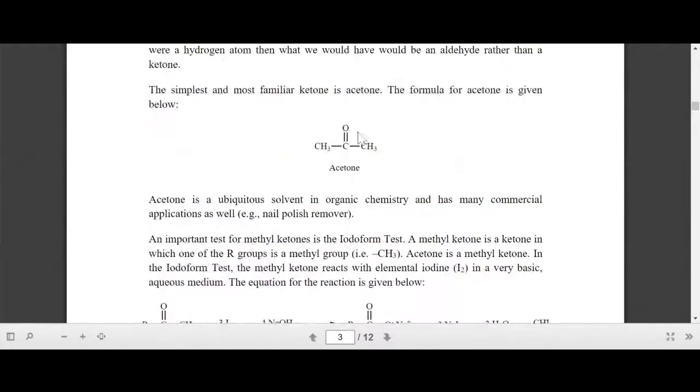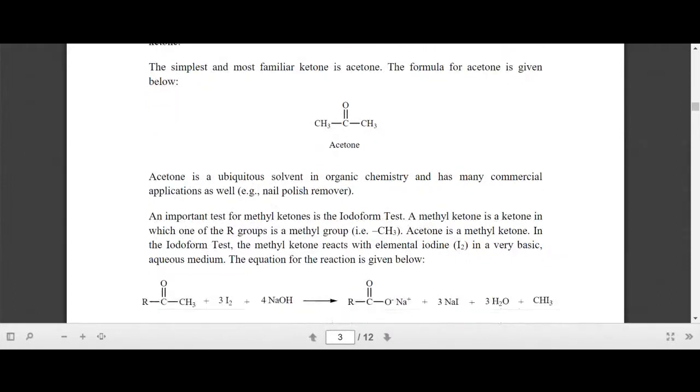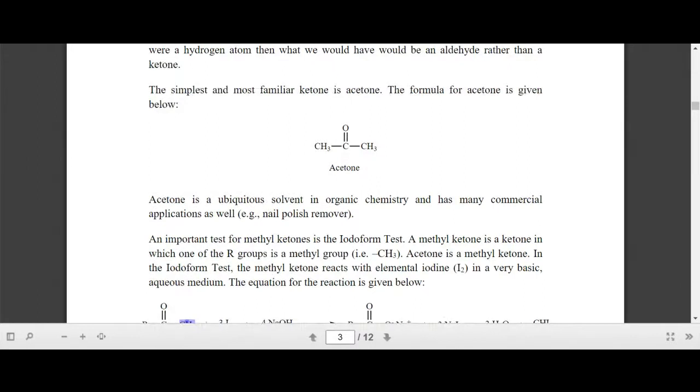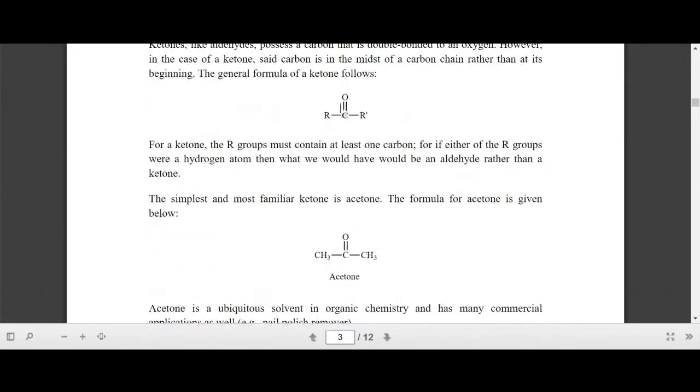If your ketone is a methyl ketone, what does that mean, methyl ketone? Again, if nomenclature has been covered in your lecture, you already know that a CH3 group is a methyl, and the R group on the 2 sides of the carbonyl of a ketone doesn't always have to be CH3.